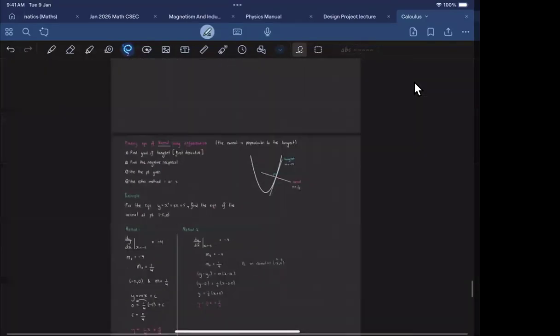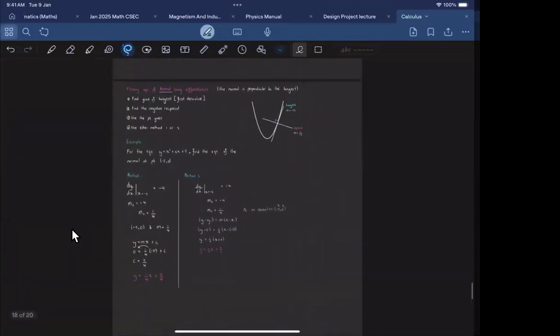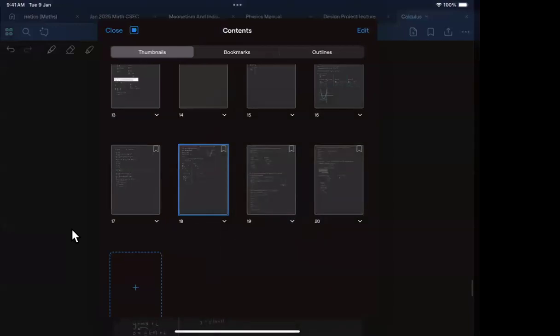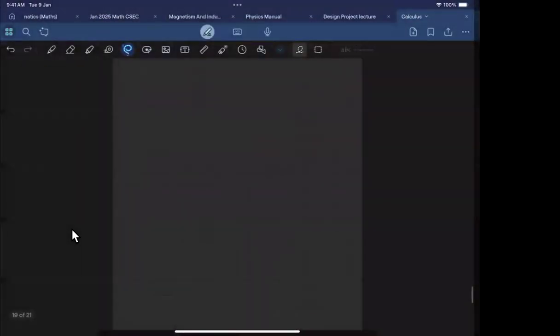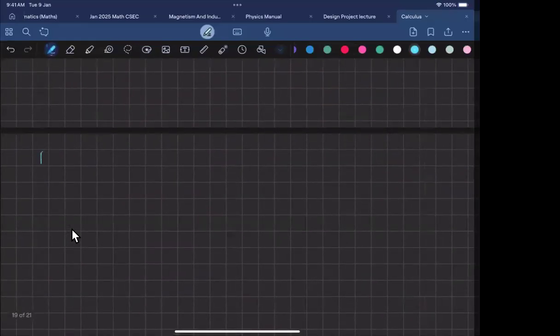Yeah. But before I move on, let me just do a recap. Right. So number one, Aliyah, what does dy dx mean? The change in y over the change in x.